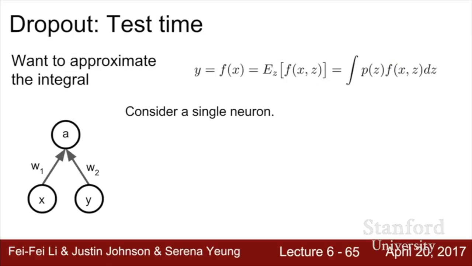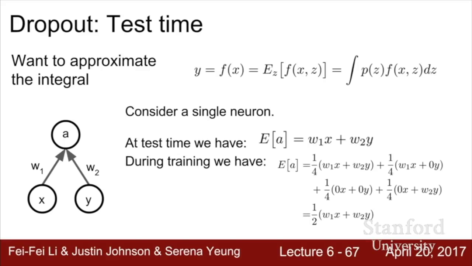Thankfully, in the case of dropout, we can actually approximate this integral in a cheap way locally. If we consider a single neuron, the output is A, the inputs are X and Y with two weights W1, W2. Then at test time, our value A is just W1X plus W2Y. But now imagine that we trained this network. During training, we used dropout with probability 1/2 of dropping our neurons.